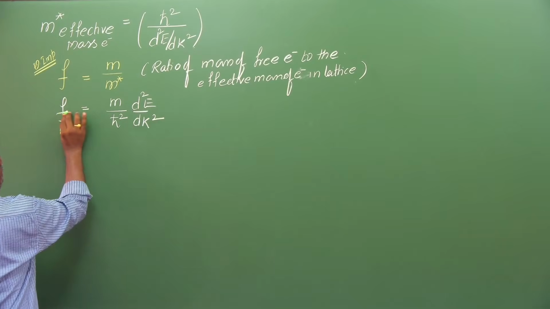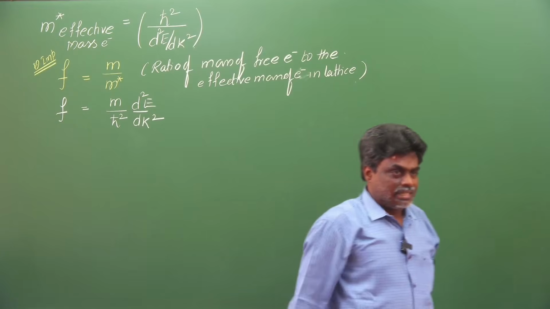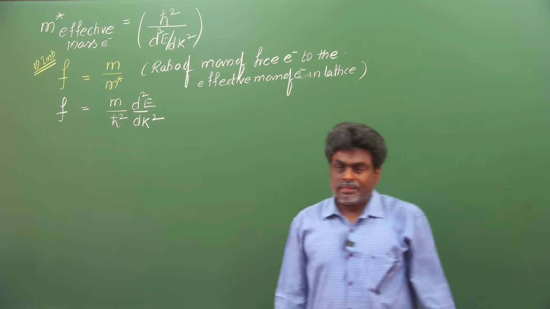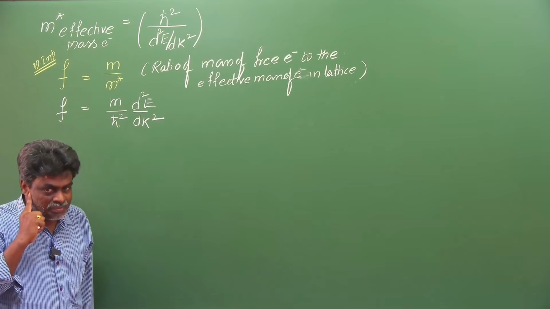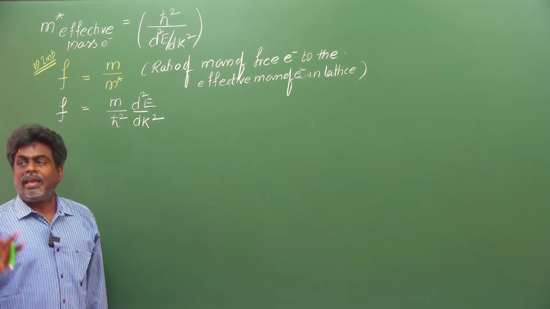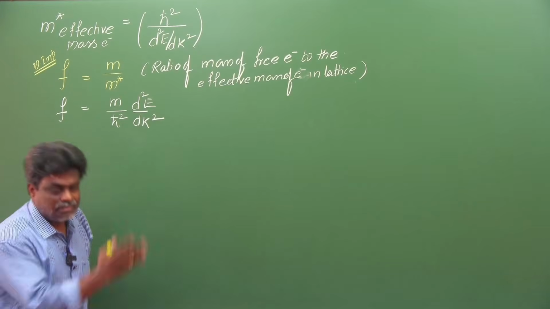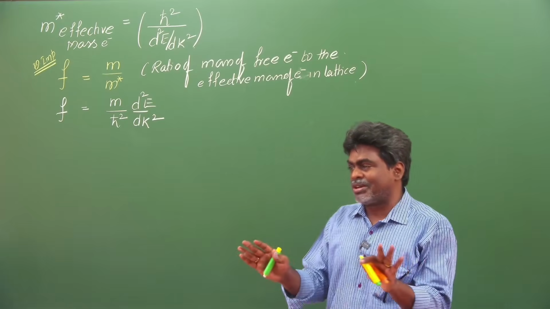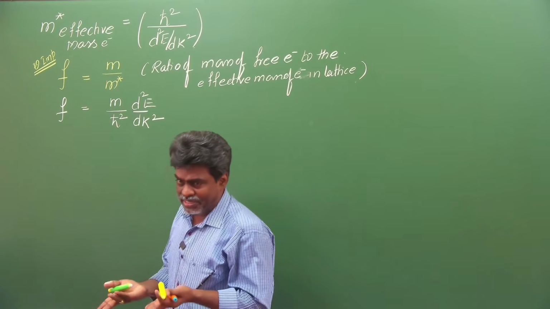So this is F. Sir, what is this F? This indicates the fraction of electrons available for the conduction process. If this fraction is 0, there are no electrons available for conduction, and then it behaves like an insulator.